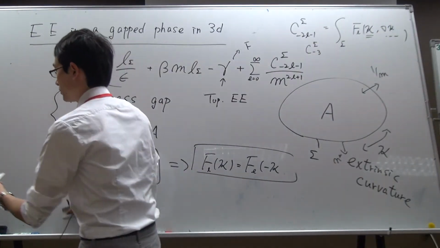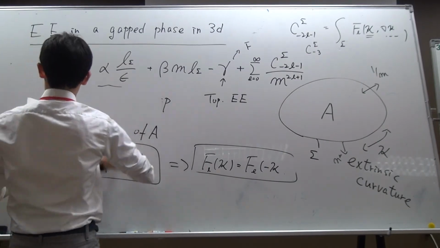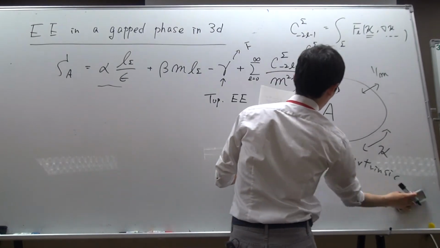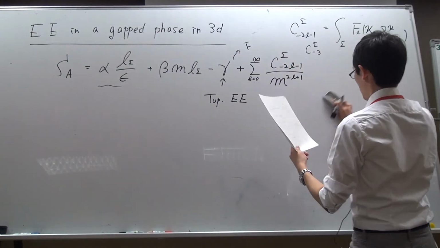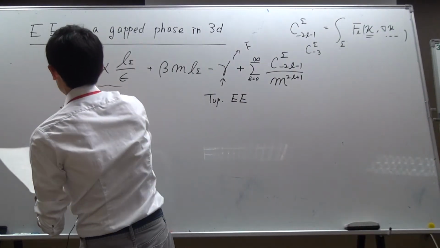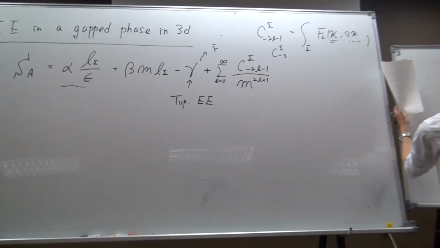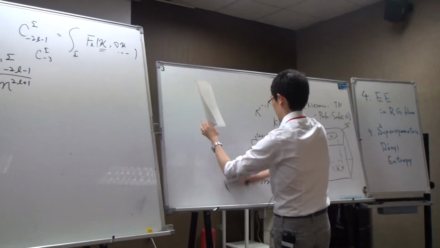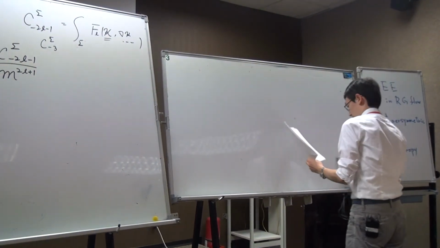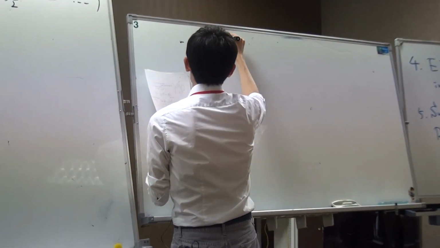Okay. Anyway, so finally we fix this part. So let's apply this result to the renormalized entanglement entropy. If you plug this expression into the definition of the renormalized entanglement entropy, now I apply my result for a disk.